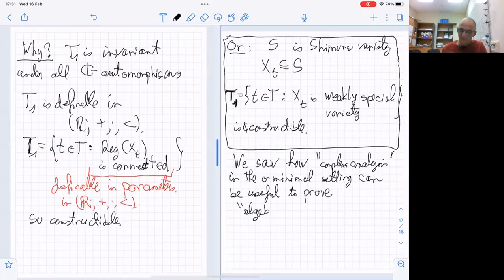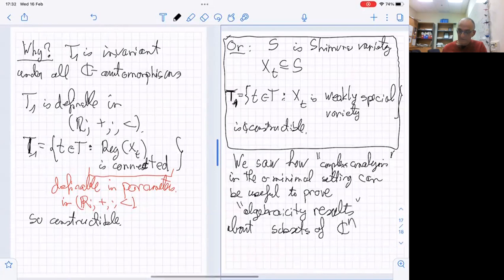By algebraicity, I really mean constructibility, about subsets of C to the n, and more generally K to the n, K algebraically closed of characteristic 0.